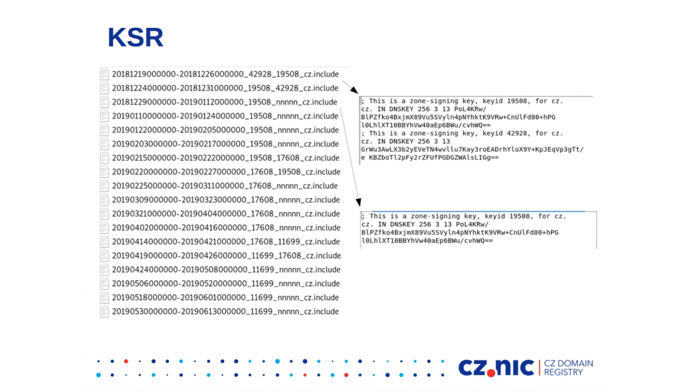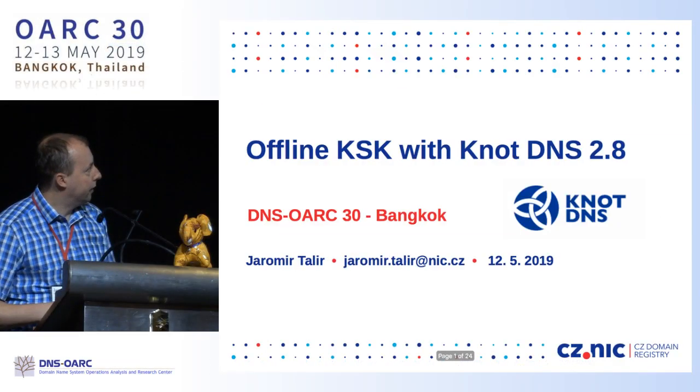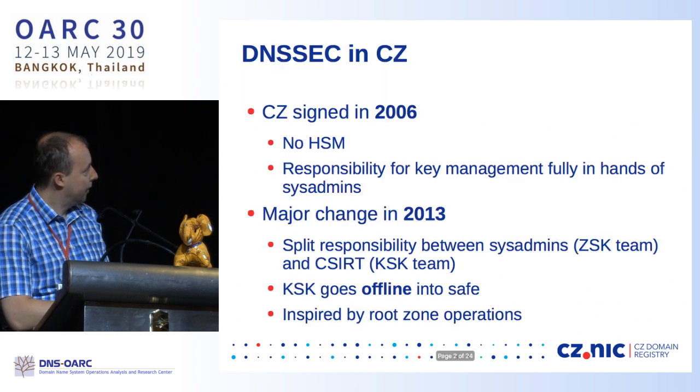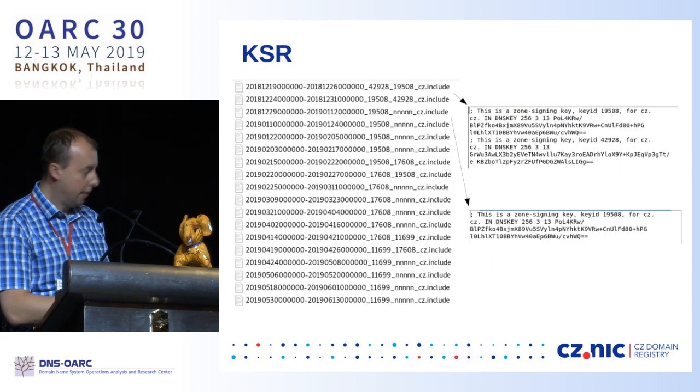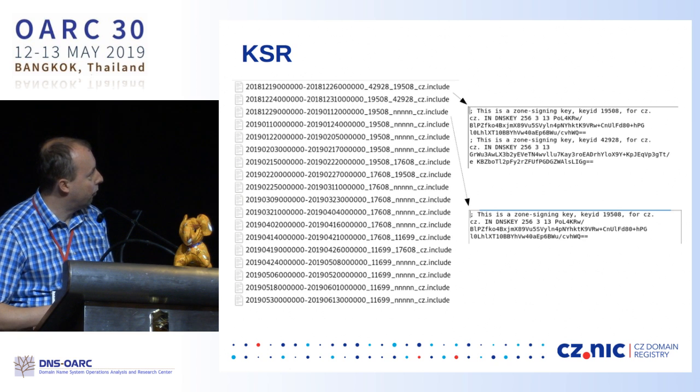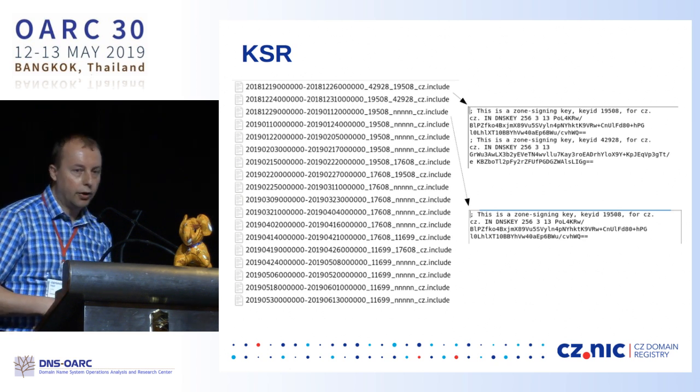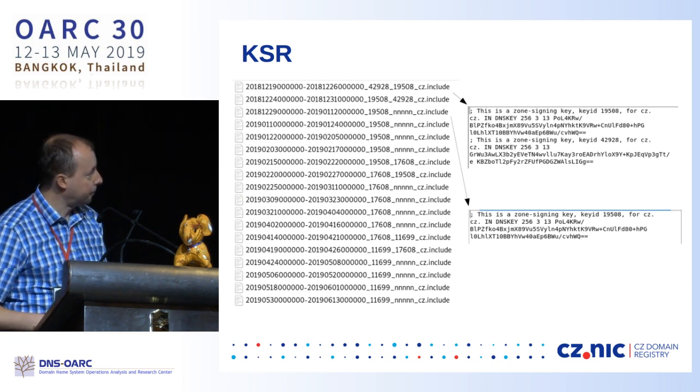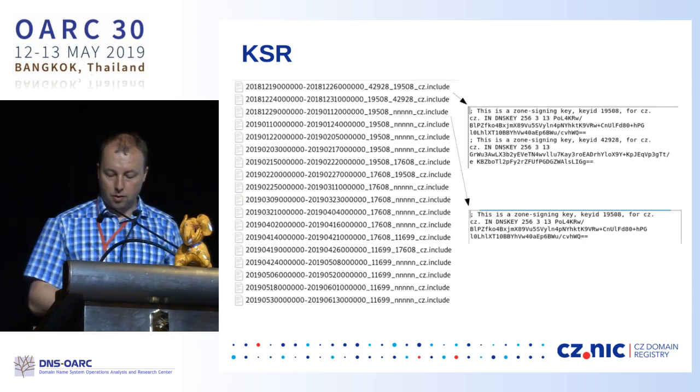So this is actually a snippet of the zone containing only DNSKEY records. And you can see how the ZSK rollover during this period is going.